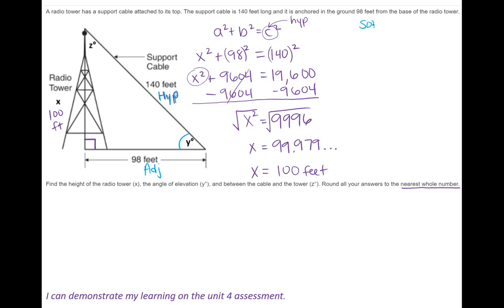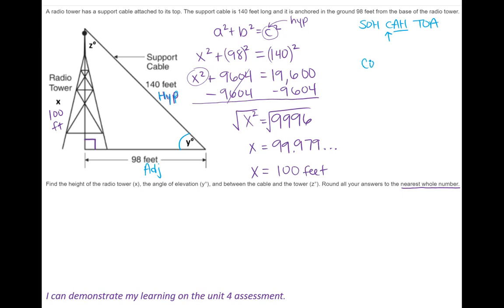So I have adjacent and hypotenuse. I'm going to borrow SOHCAHTOA again. I'm looking for adjacent and hypotenuse. That tells me to use cosine. And again, it's in reference to the angle, because we chose angle Y. From angle Y, the hypotenuse is what it is, and then the side next to it is the adjacent, the 98.